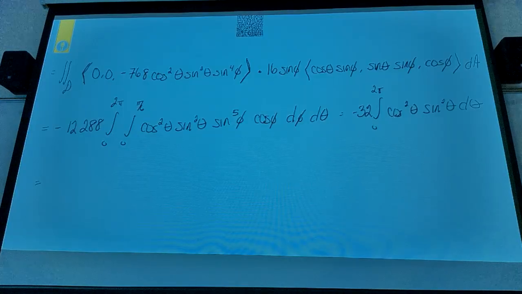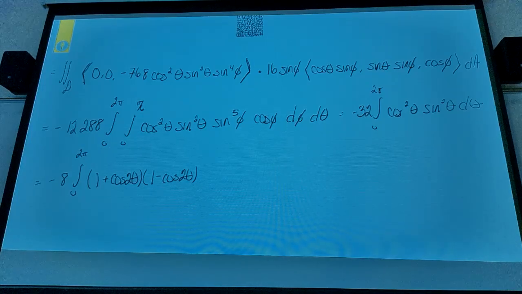Now, the easiest way to do this would probably be to use reduction identity on both sine and cosine. Half times half is a fourth. What's 32 divided by 4? Right, because cosine squared would be a half, 1 plus cosine of 2 theta.